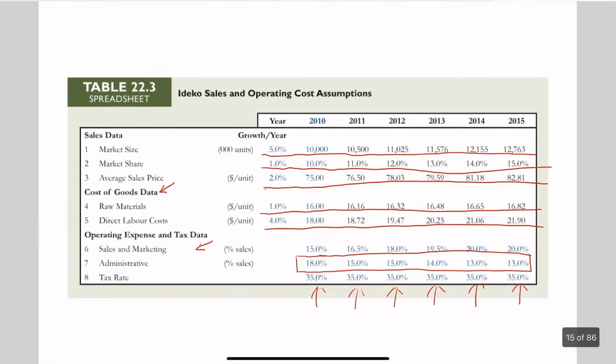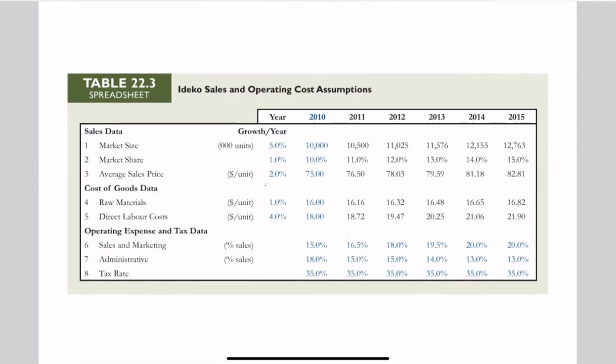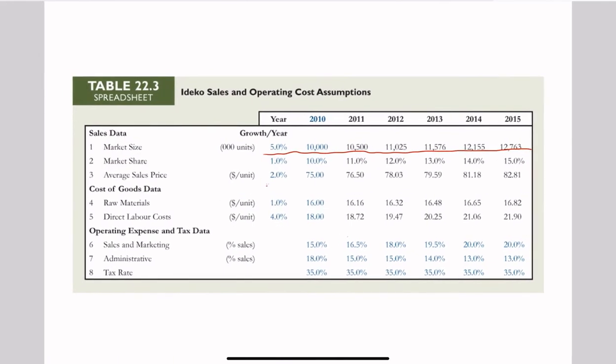So basically, we will want to look at the firm's sales volume. To get this number, we will want to look at both market size and market share. Using market size times market share, we will have sales volume.